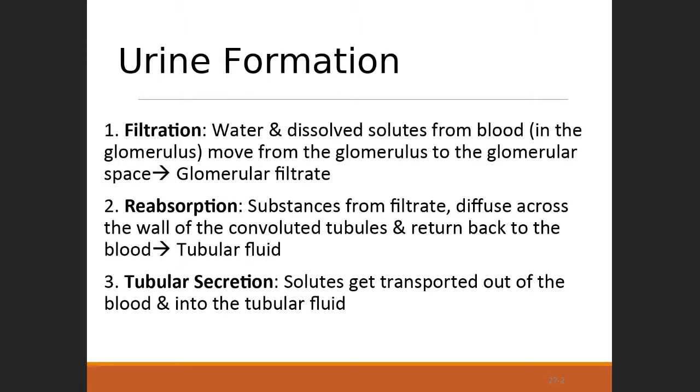Any waste products or any otherwise usable solutes that we have in excess will simply continue on through the tubule, make its way to the end of the collecting duct, and wind up as urine.